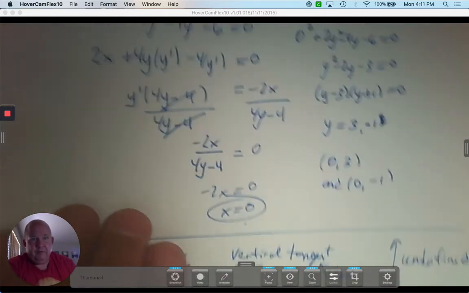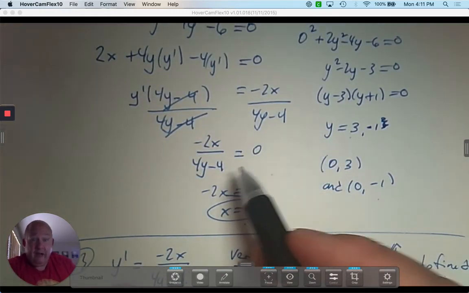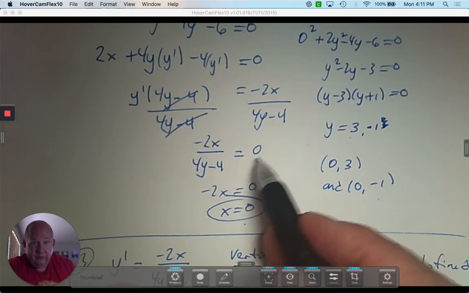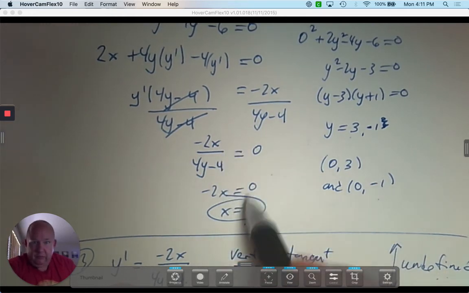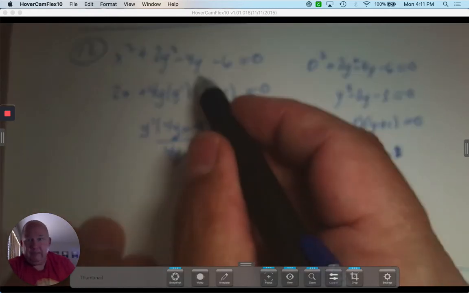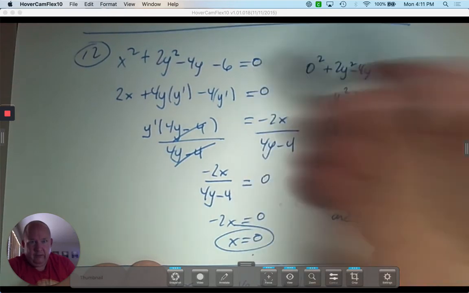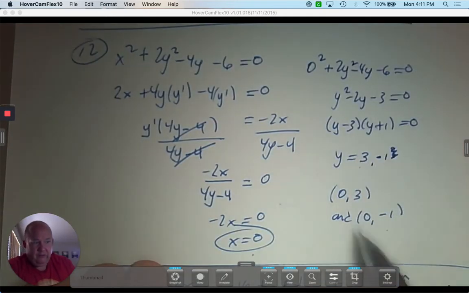Up here, we're told about horizontal tangents. A horizontal tangent means it's not undefined, but it's equal to 0. That's the numerator equal to 0, and you found it. Then we went way back to the beginning to find its pair. If we know the x-coordinate, we have to go way back to the equation to substitute in and then solve for y to find its y partner.